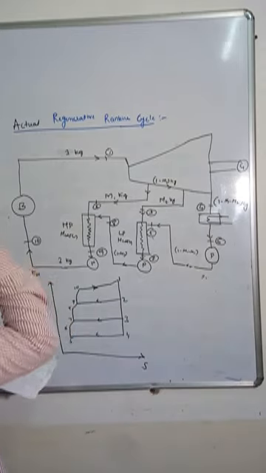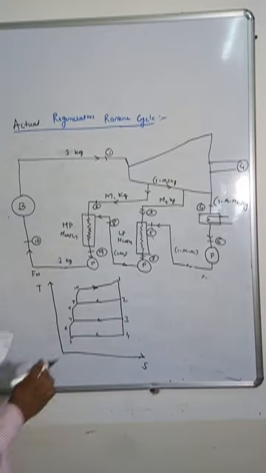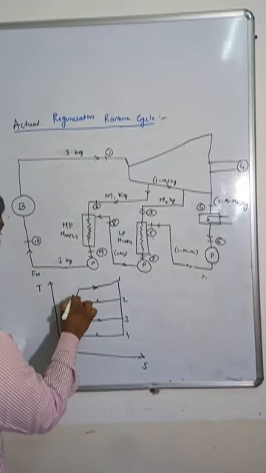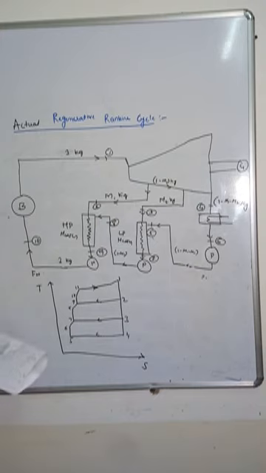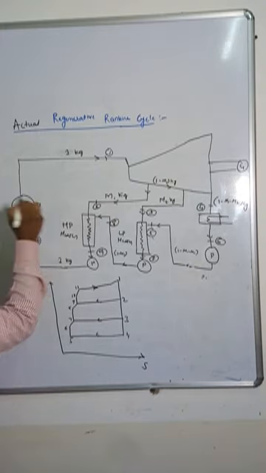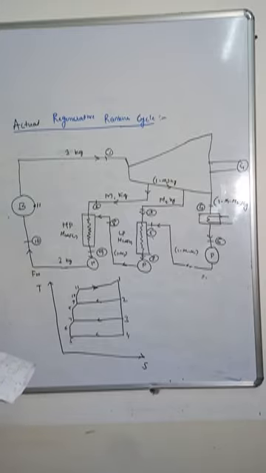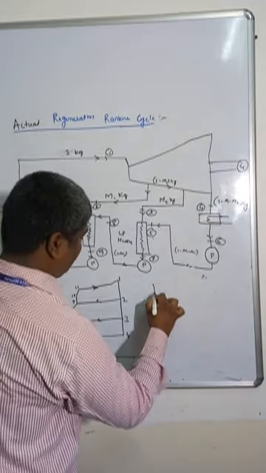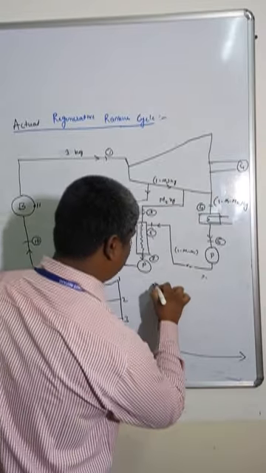So this is our 10, and it is 11. 11 is at the boiler, right? And the HS diagram, just I'll plot. This is the HS diagram, you can see in the Mollier chart.